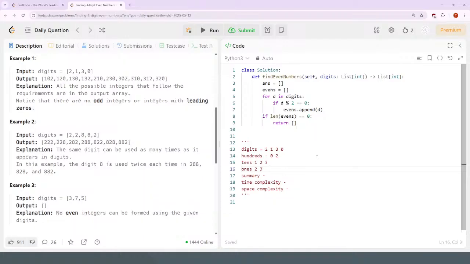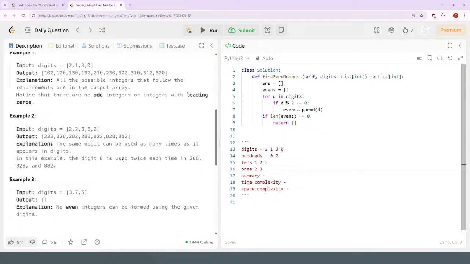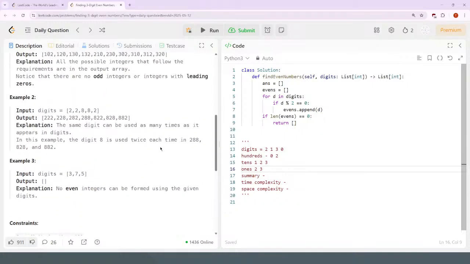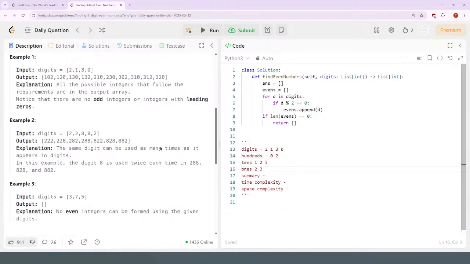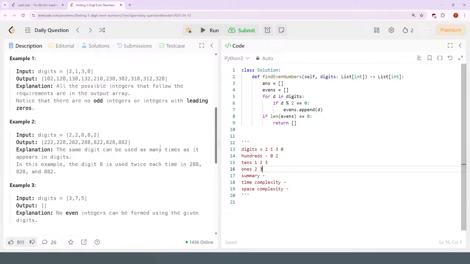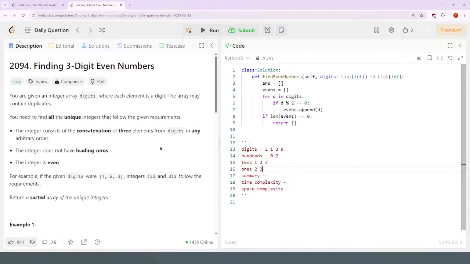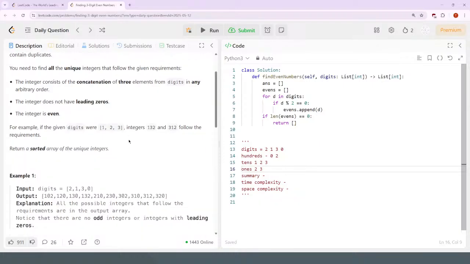Maybe make a set out of this. All unique consists of 3 elements in any order. Integers do not have leading 0. Integer is even.